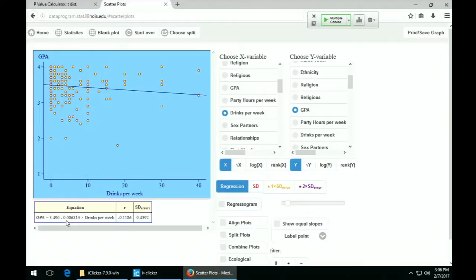So that's your slope, negative 0.0068. So is that important to you for your GPA? If you have one more drink per week, your GPA is going to fall by 0.0068 points on average. That is not probably important, but is it statistically significant? How would we even find out? Let's do it.